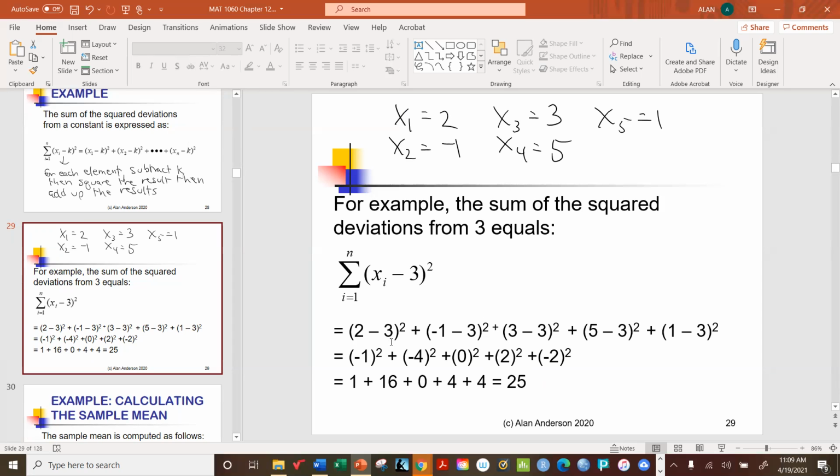So I did it in several stages here. First, I did the subtractions. Then I actually evaluated the subtractions. And then I squared them. And then finally, at the end, they were added up to give 25. So make sure that you can get the same number with your calculator. Otherwise, well, we'll have a problem later on.